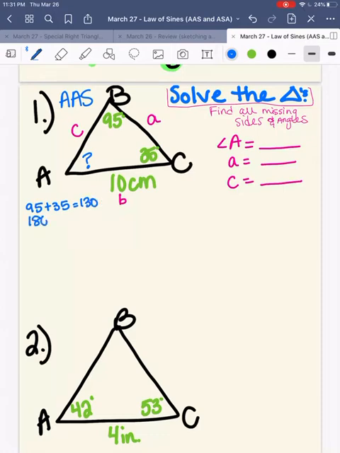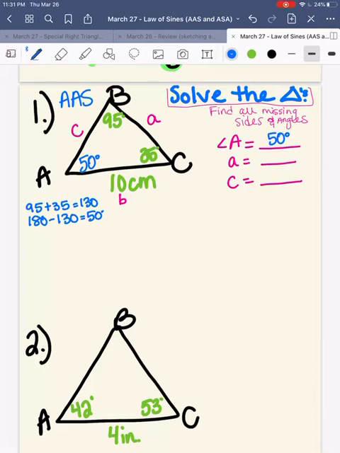If I subtract that from 180, I've found angle A, and that should be 50 degrees. Did I actually have to use the law of sines to find the first angle? The answer is no. Now I'm going to do a quick double check in my calculator, 50 plus 95 plus 35, and make sure I get 180, because I like to check myself.